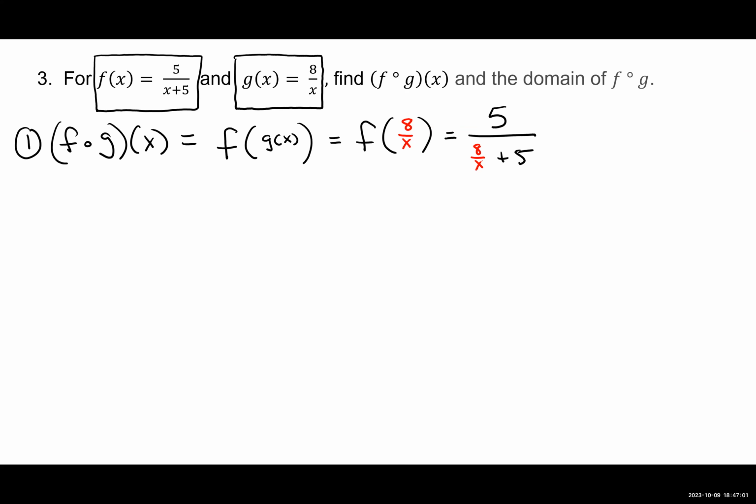Now, this is not the final answer because this is not simplified. Just like you would probably not want to solve an equation and say your final answer was x equals 6 over 10. You wouldn't want to give 6 over 10 as a final answer because it's not simplified.